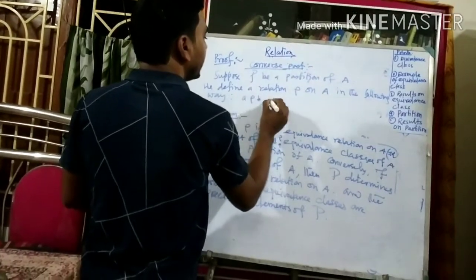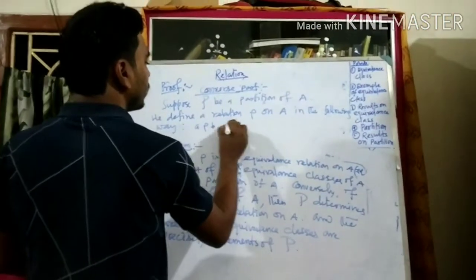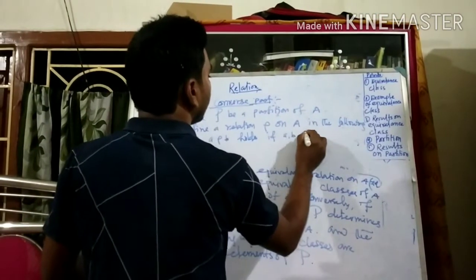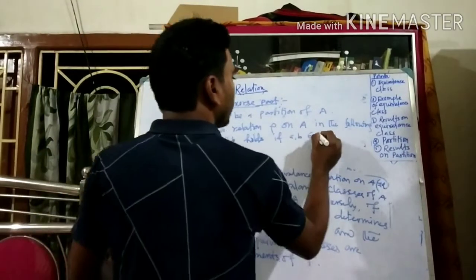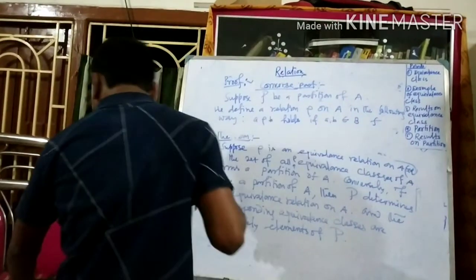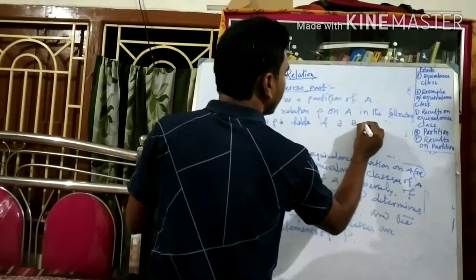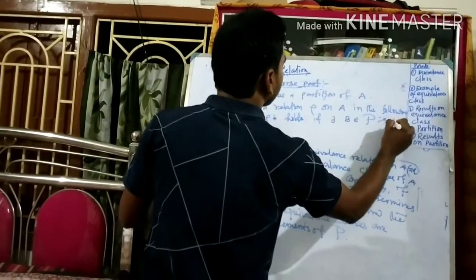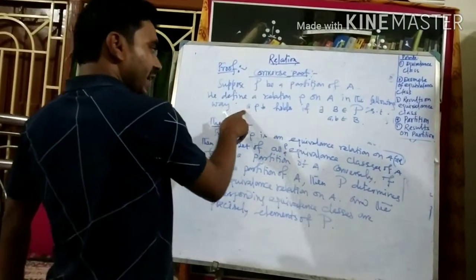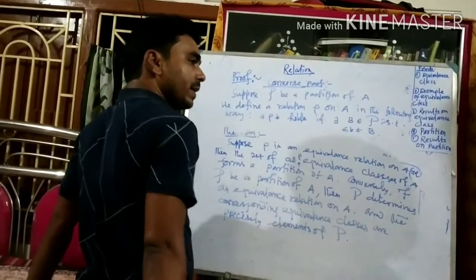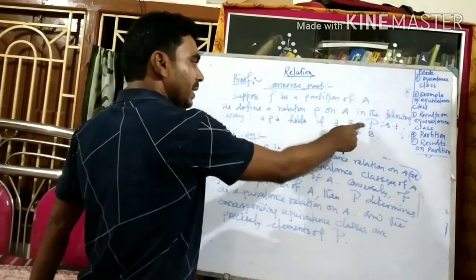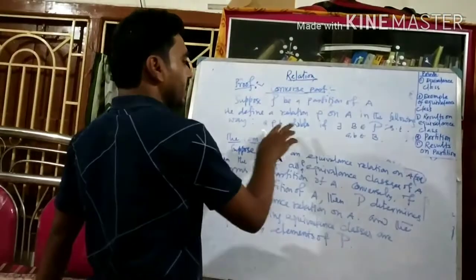A rho B holds if A comma B belongs to B, or there exists some element B belongs to P such that A comma B belongs to B. That means there is a relation between A and B, where A and B are coming from A, if there exists some element B belongs to P such that A and B belong to it.